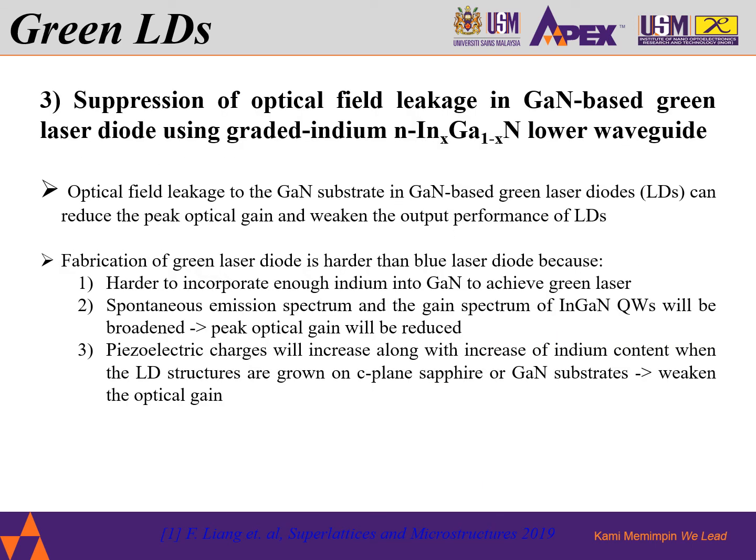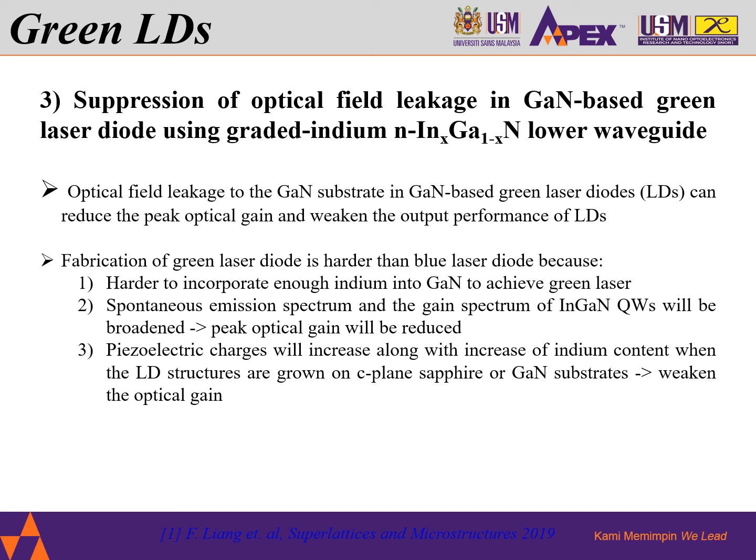Suppression of optical field leakage in GaN-based green laser diode using graded indium in the InGaN lower waveguide. The optical field leakage to the gallium nitride substrate in GaN-based green laser diodes (LDs) can reduce the peak optical gain and weaken the performance of LDs. Fabrication of a green laser diode is harder than a blue laser diode.